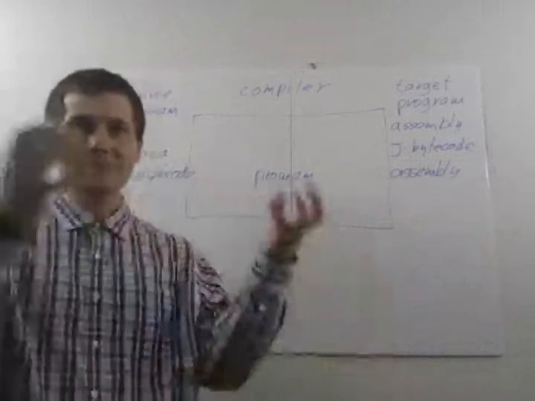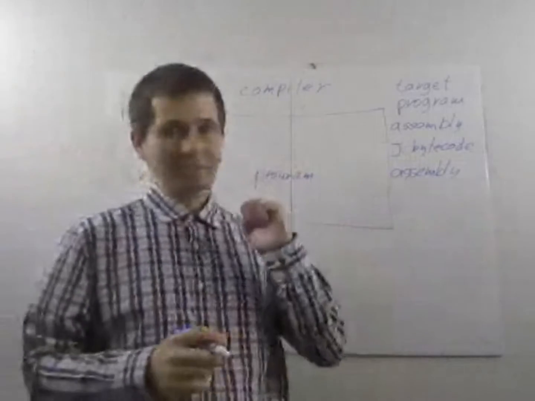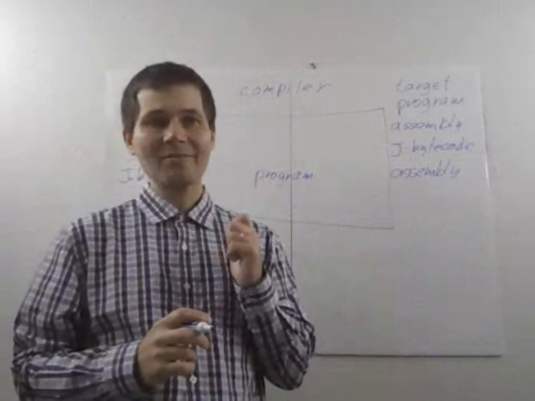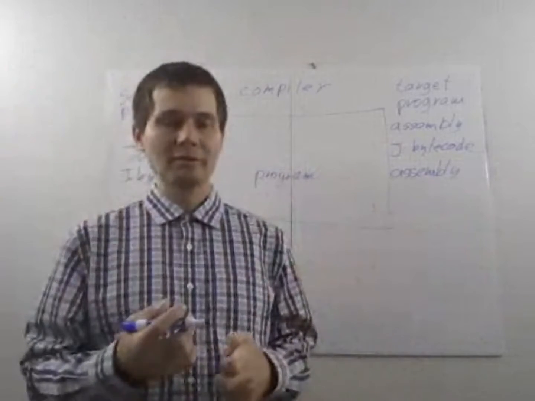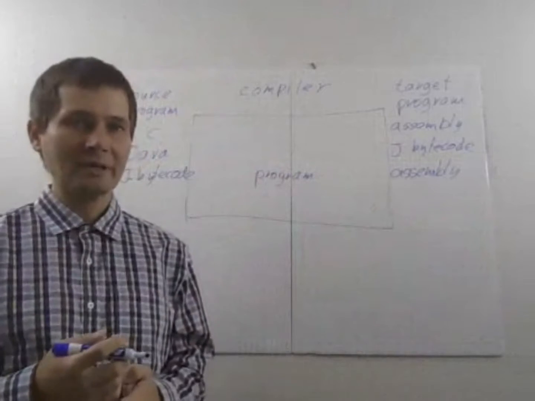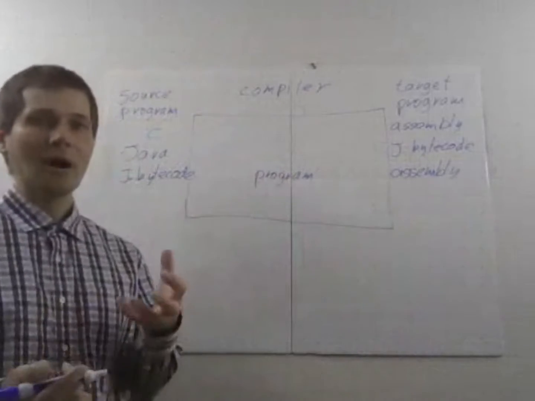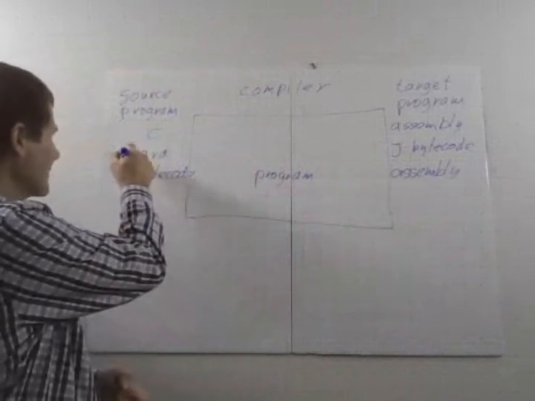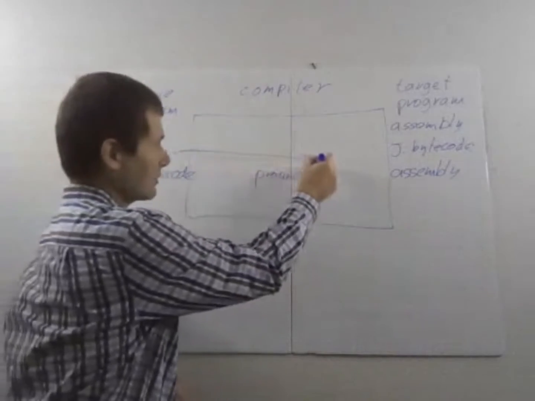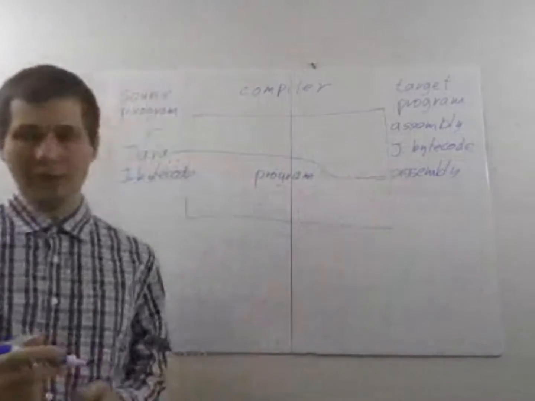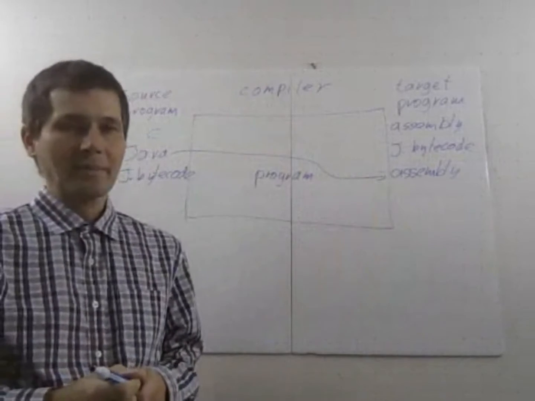So the source language and the target language can be various languages. One reason why I mentioned Java here is that in this course, the big project is going to be to write a compiler for Java. We're going to do something a little bit unusual for Java in that we're going to compile Java source code all the way down to assembly language, x86 assembly language specifically.